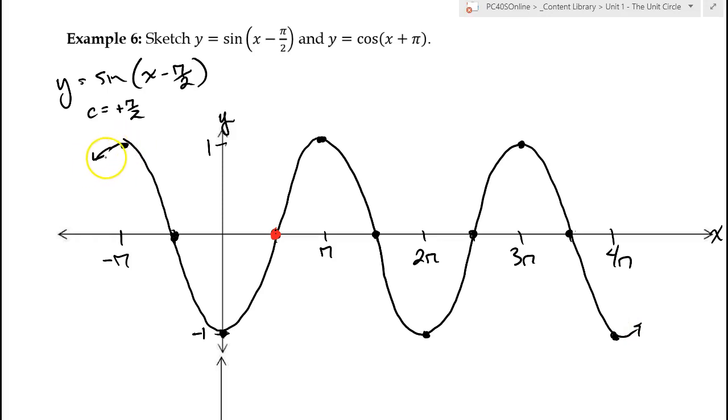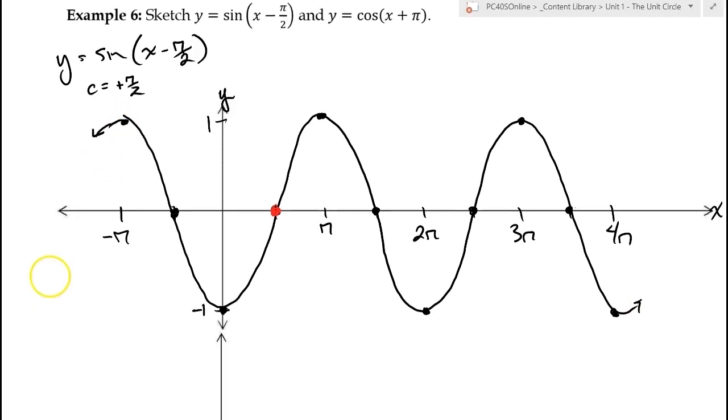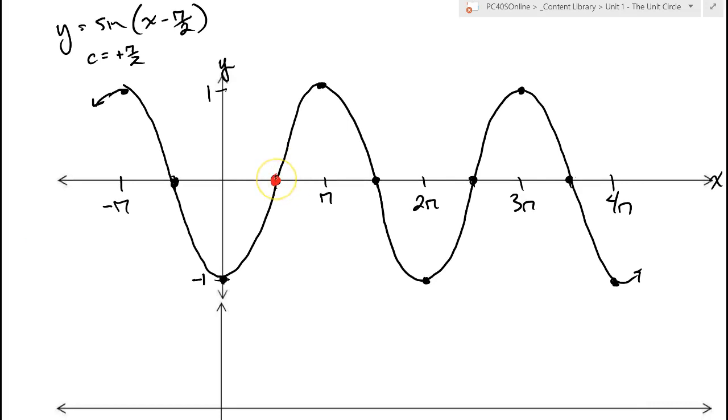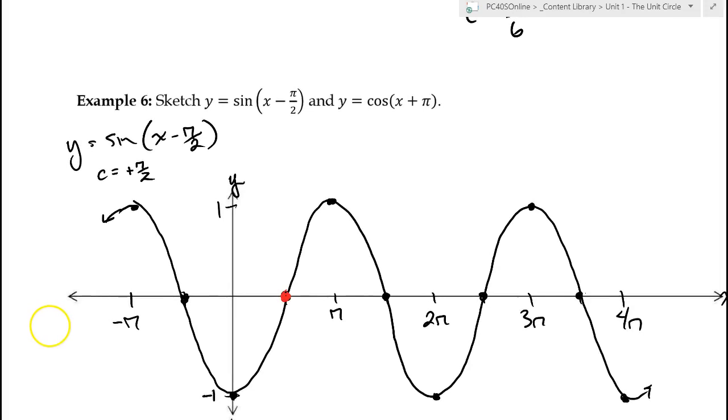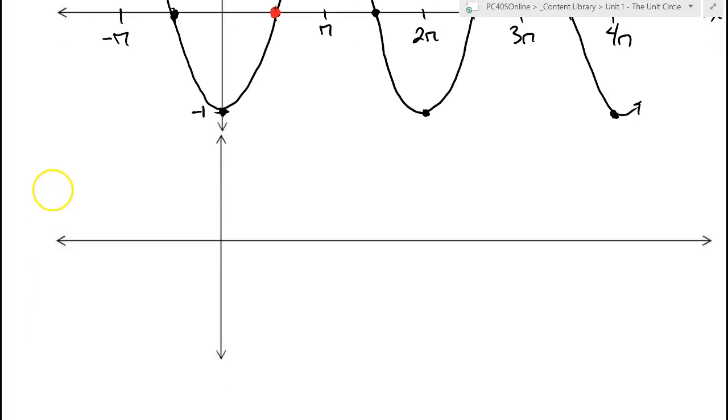Let's extend it that way. Okay, so again, that red point there is my starting point. For cos x plus pi, what we would do is, again, amplitude stays the same.